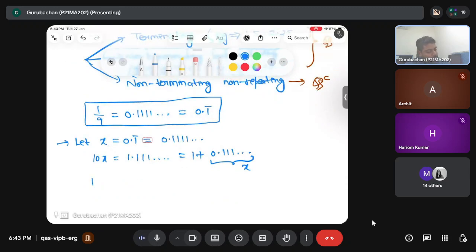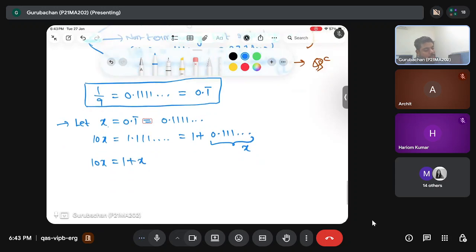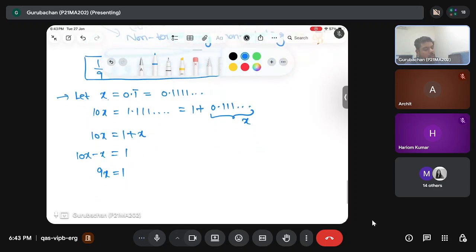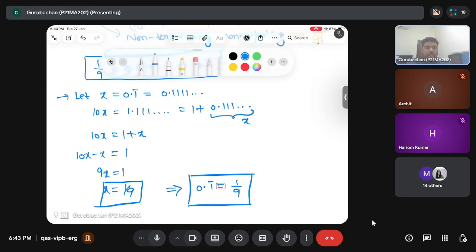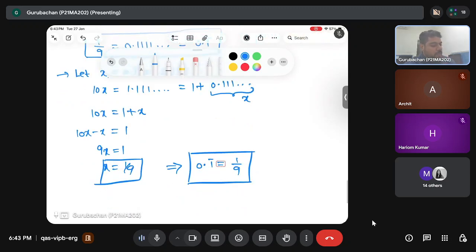So 10x will be 1 plus x. That means 10x minus x is 1, 9x is 1, then x is 1 by 9. So you got that the decimal representation 0.1 bar is nothing but 1 by 9. Is it clear? If you have any query, you can ask me in between.